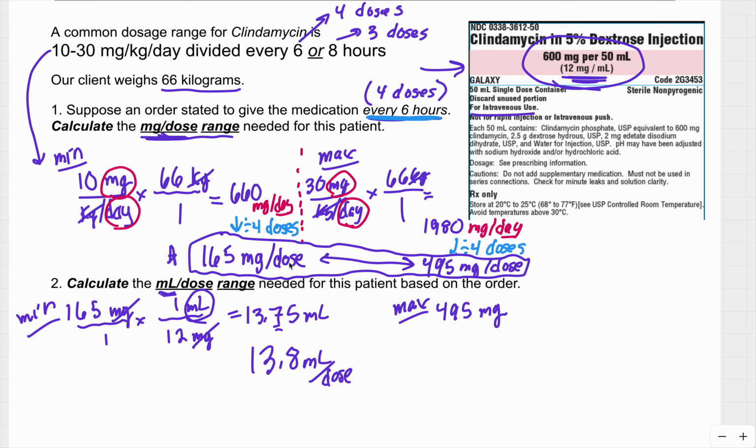And let's repeat that same process for the maximum. So I'm going to convert those milligrams into mLs. I know there are 12 milligrams in each mL. And so what I will get if I take 495 divided by 12, 41.25.